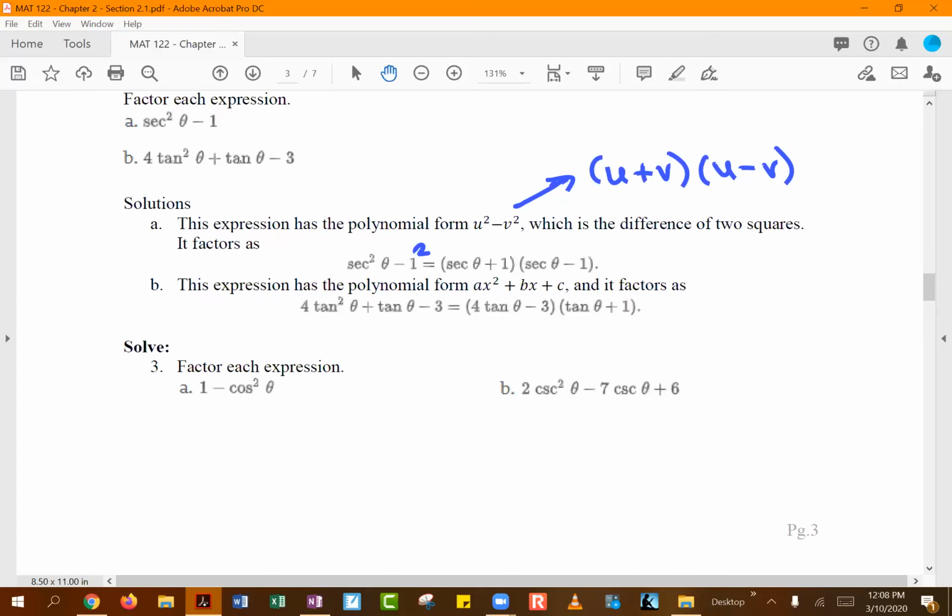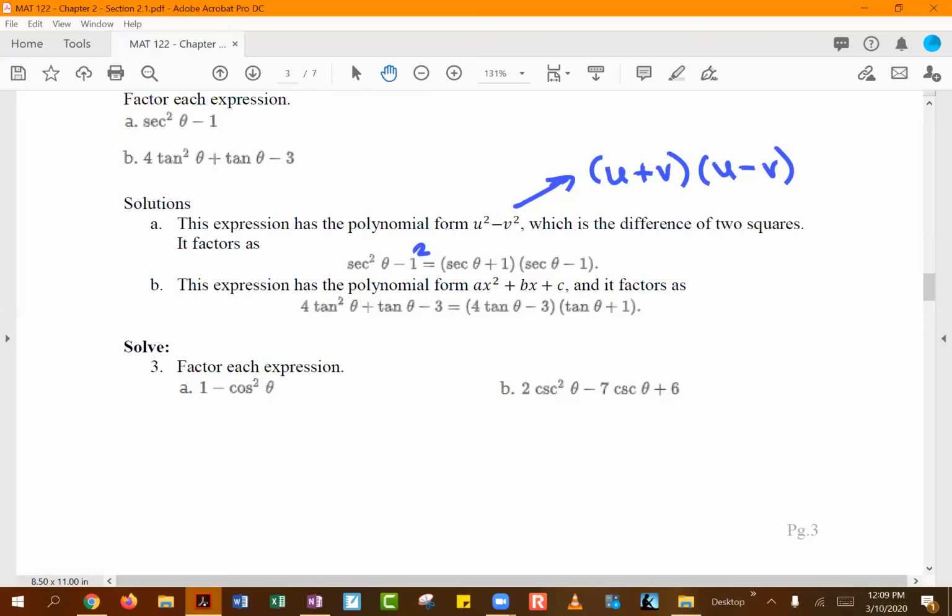For the second one, that's a little bit of an interesting problem. You've got 4 times tangent squared theta plus tangent theta minus 3. This one is using the trinomial form, because I've got the second degree on my leading term, the first degree in my middle term, and of course 0 degree on my constant term, because there's no tangent theta on the last one.